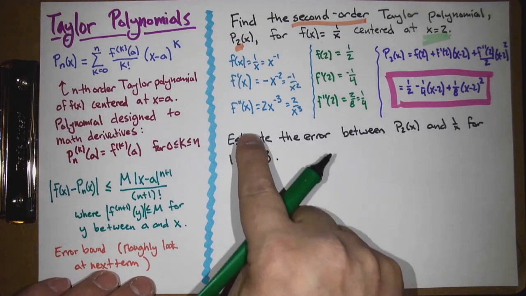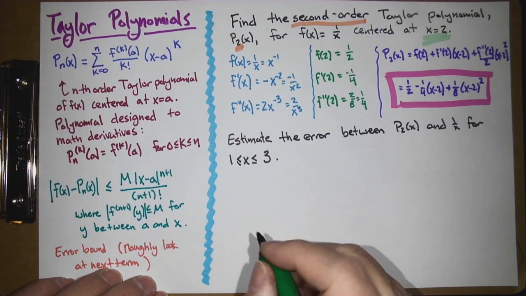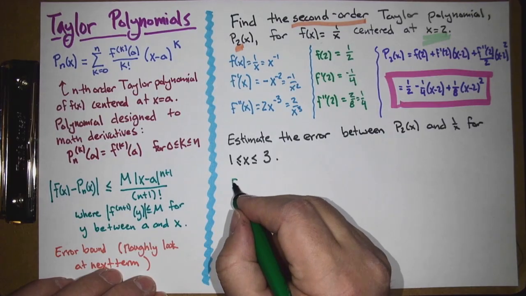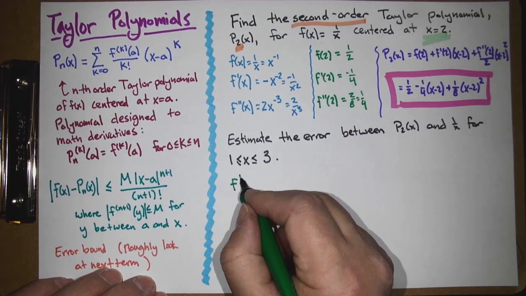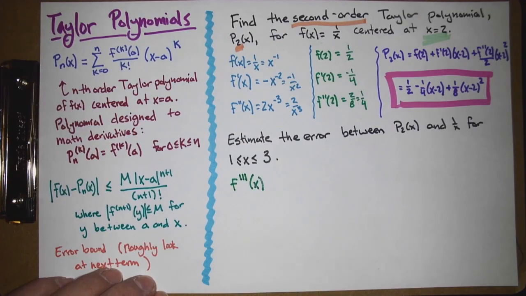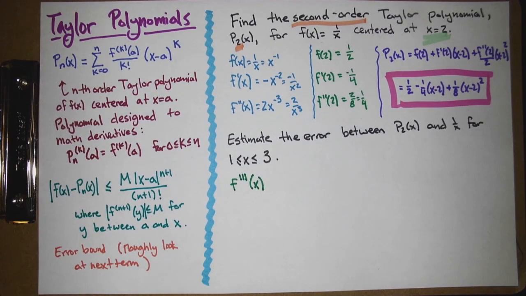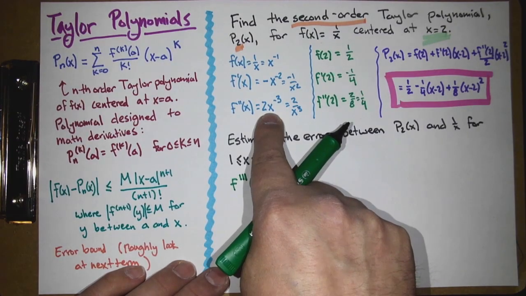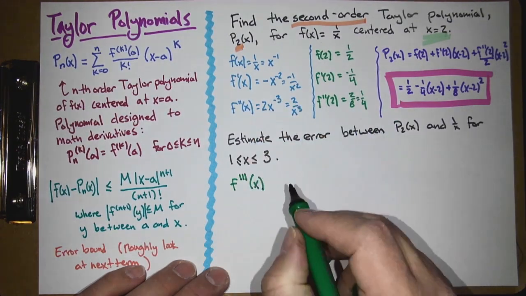Okay, so here we stopped at second derivative. For the error, we're going to go one more step. So the third derivative, we can get away with 3 primes. What's the third derivative of f? So we can come up here, bring the negative 3 down.